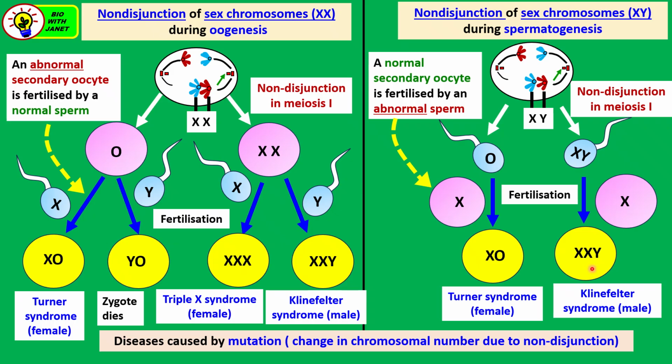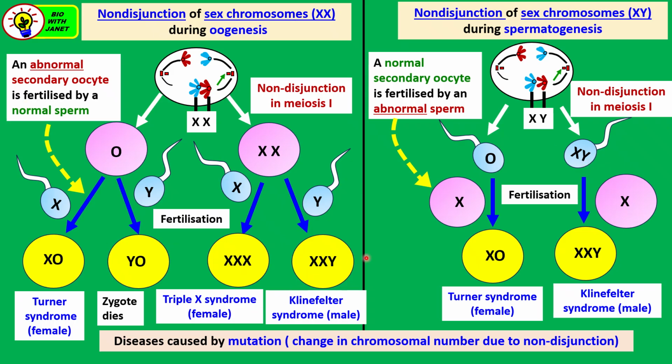So again, this is a Klinefelter syndrome child who is a male, similar to the case here, except that in the first case, it's the ovum that's abnormal with two X chromosomes. In the second case, it's the sperm that's abnormal with two sex chromosomes, X and Y.